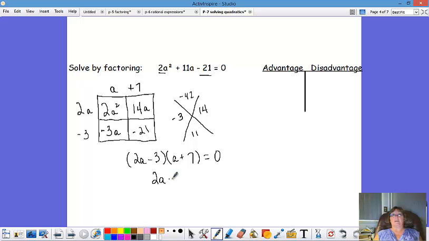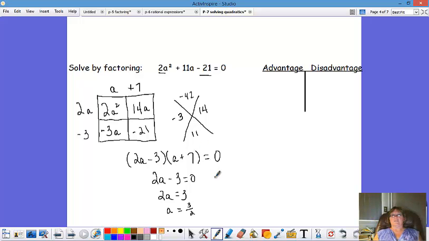So what if 2a minus 3 is equal to 0? Well, if we solve this for a, we'll know the root or the solution to this quadratic. So solving for a, we'd add 3 to both sides and have 2a equals 3. Dividing by 2 would give us an a of 3 over 2, or 1 and 1/2.